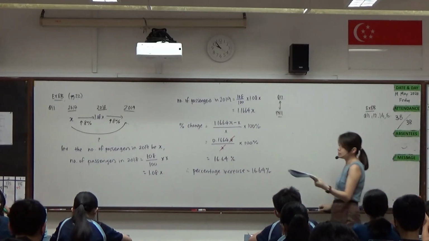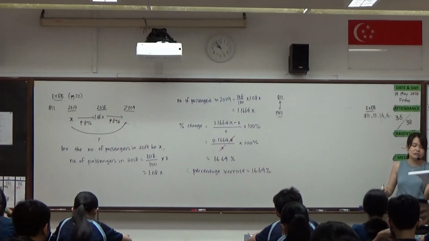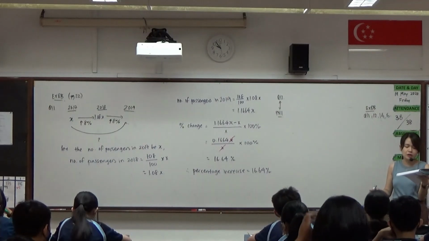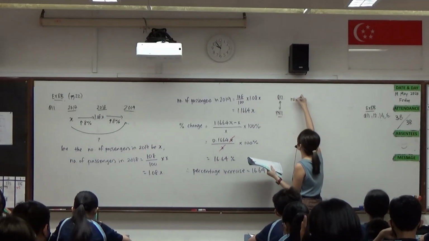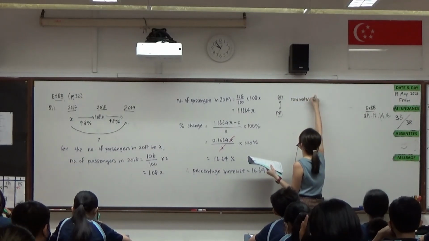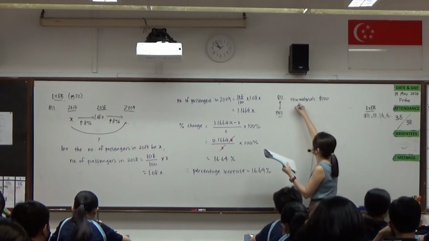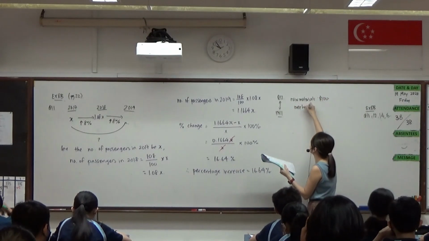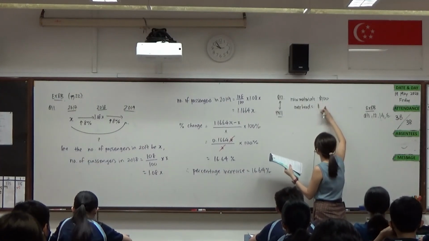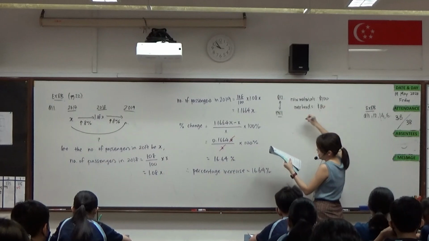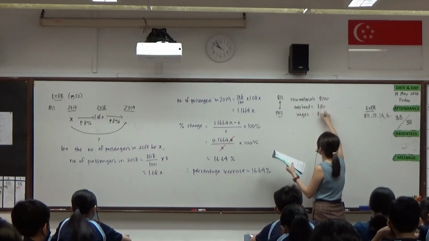Again, we go back to understanding the question first. It says that the production cost of a printer consists of the cost of raw materials at $100, and then there is this overheads cost which is $80, and also wages at $120.